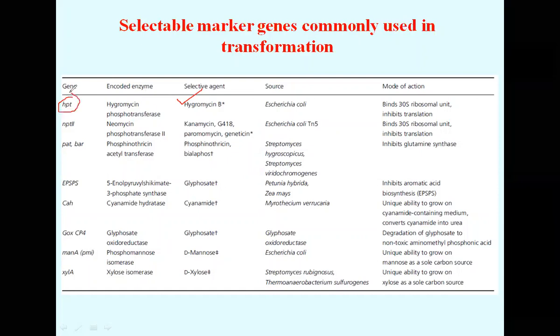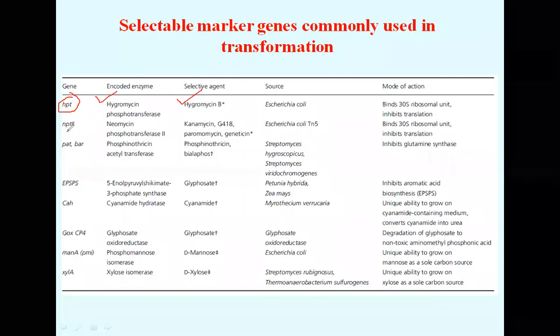This gene codes for an enzyme, hygromycin phosphotransferase, and this enzyme will be able to utilize this hygromycin. As a result, cells which receive this gene, because they will synthesize this enzyme, will be able to survive in a medium which contains hygromycin. And the mode of action of this antibiotic is given in this last column.